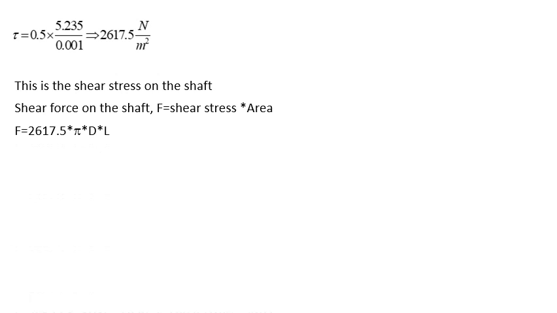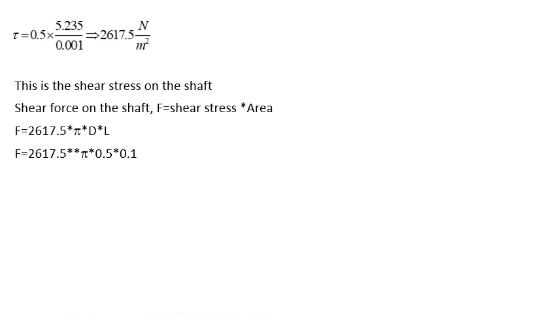So now shear force is equal to shear stress 2617.5 and the area of the shaft. The area of the shaft here is pi D into L. The length is considered, for that reason the area of the shaft is equal to pi into diameter into length of the shaft.